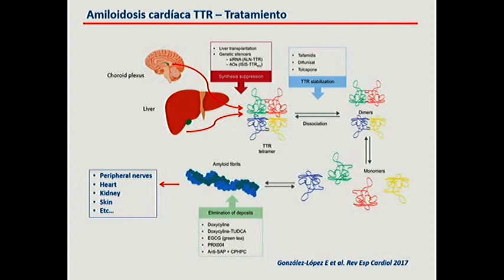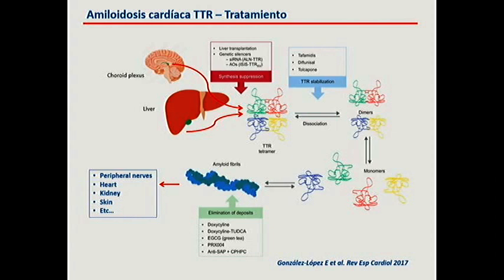This is not only to produce cerebrospinal fluid, but it's also seen that it produces TTR protein. You can see the wrong deposit of the protein, and the treatment depends on what we want to attack.